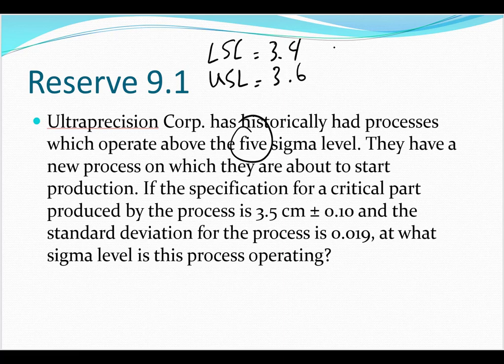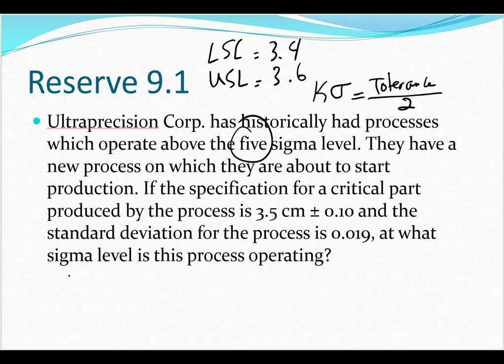And if the process standard deviation is 0.019, then using the equation that we just reviewed, we know that K times the standard deviation of the process equals the tolerance, I'll just write it as tolerance divided by 2. And so in this case, K is the sigma level of the process.